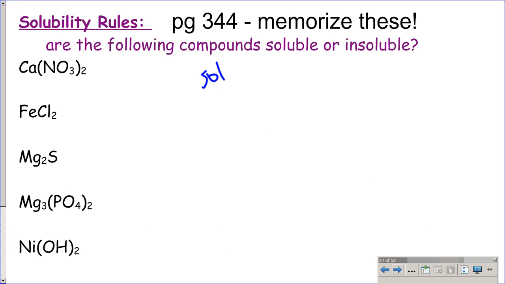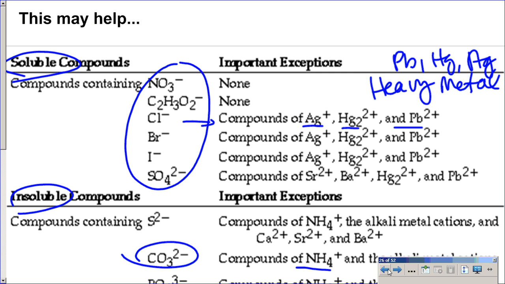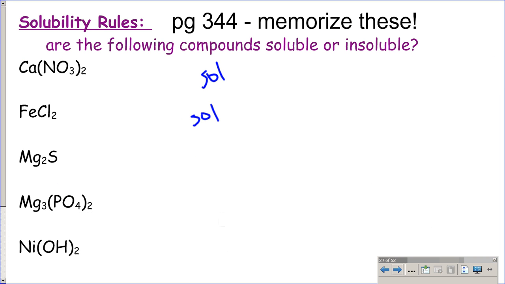Iron 2 chloride. Ready? Soluble. Actually, yeah, only your heavy metals, silver, lead, and mercury are going to be the ones that are not soluble. So chlorides, generally, halides, the halogens like chlorides, bromides, iodides, and fluorides are generally soluble. Magnesium phosphate.